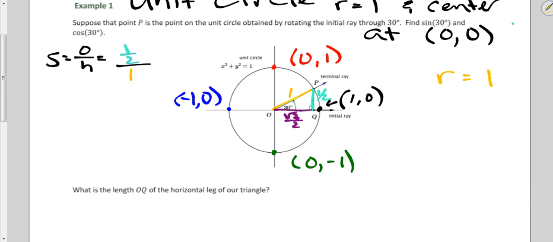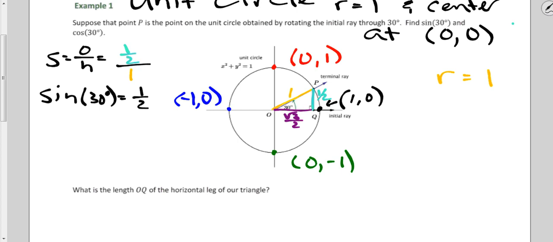So what is the sine of my angle? Simplify that fraction. 1/2, right, Sophie? So the sine of 30 degrees equals 1/2.